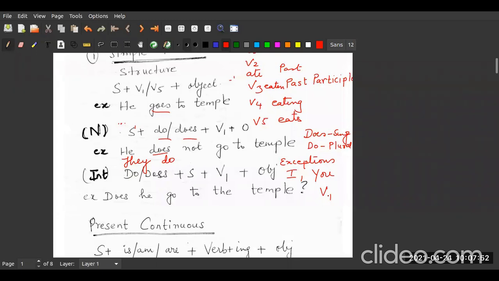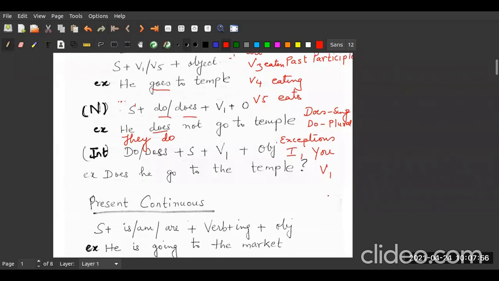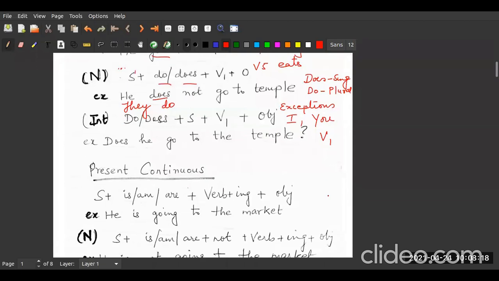Similarly with you, if you observe the sentences, you always use the verb without s. So the verb without s is used for I, you, and the plurals.